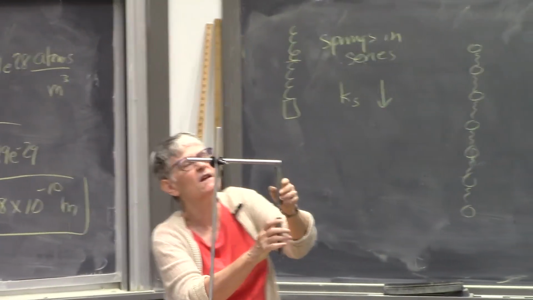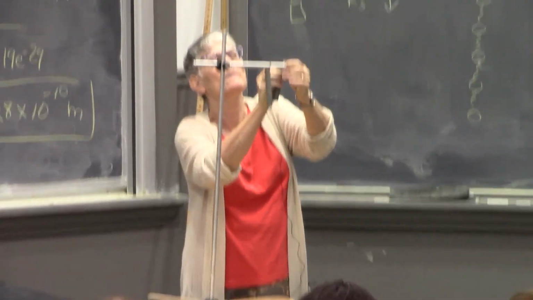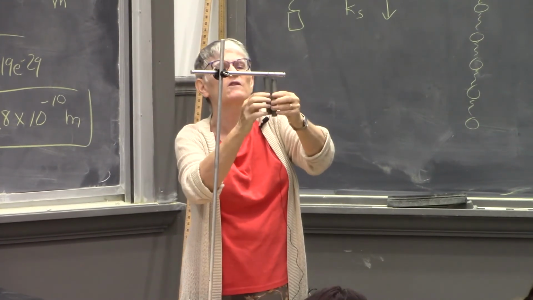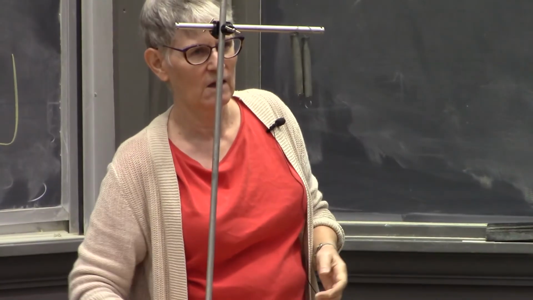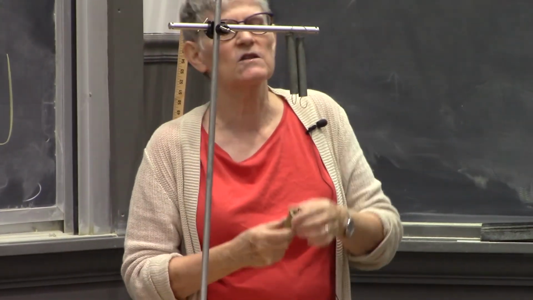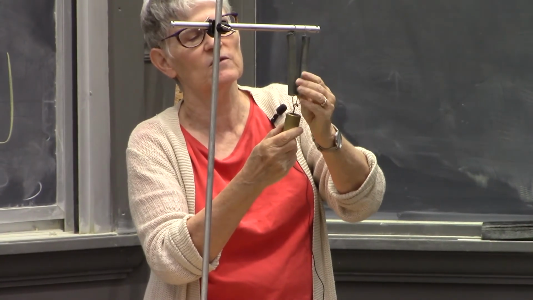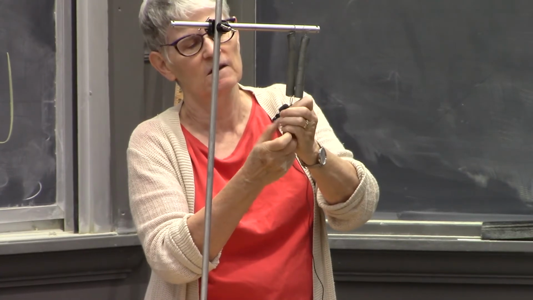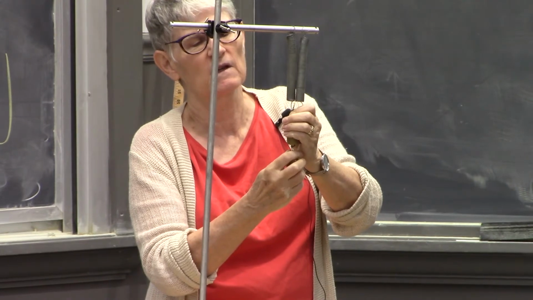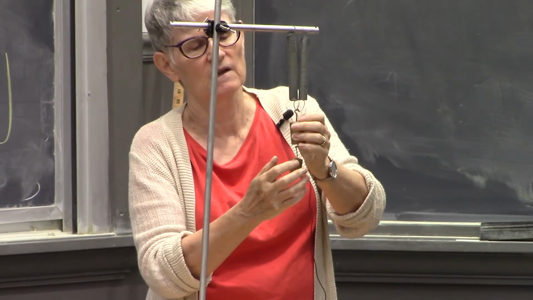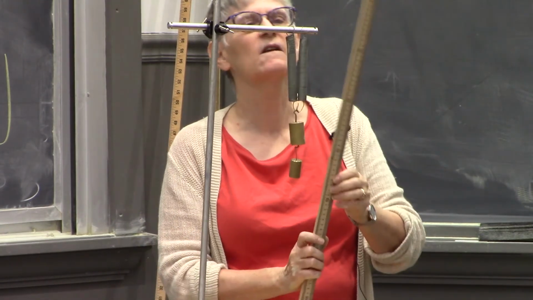So what if instead of doing that, we put these springs in what we're going to call parallel. Okay, so when I hang this, I use both of these springs to support these masses. Stretch looks like less than 4 centimeters, doesn't it? Yeah.